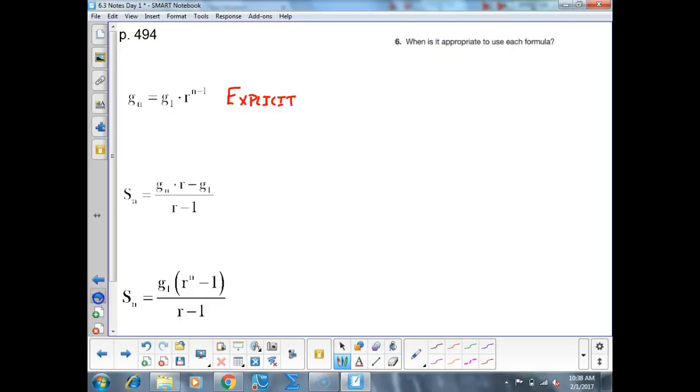You might want to write down the explicit formula again. What do we use the explicit formula for? Finding any term, right?